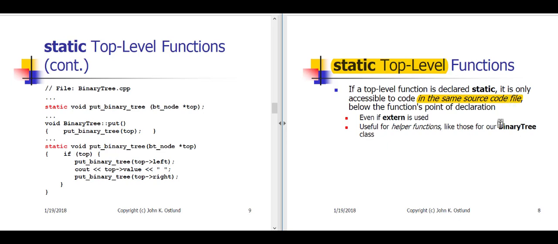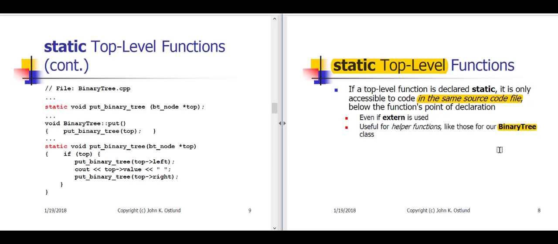Now, you probably recall that when we developed our binary tree class, we had a whole bunch of top-level helper functions that did the low-level hard work of messing around with the nodes in our binary tree. Ideally, we would like users of our binary tree class to have to use the class interface functions, that is, the class member functions, when they create and interact with binary tree objects.